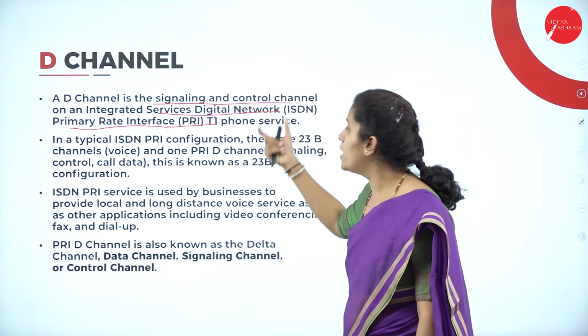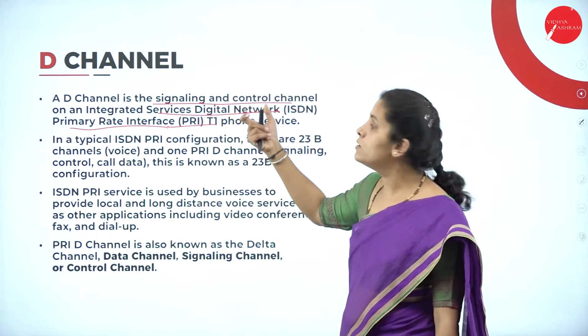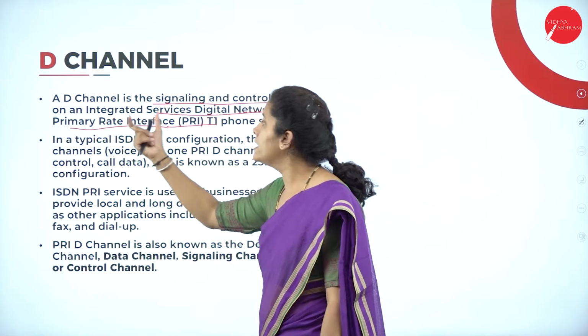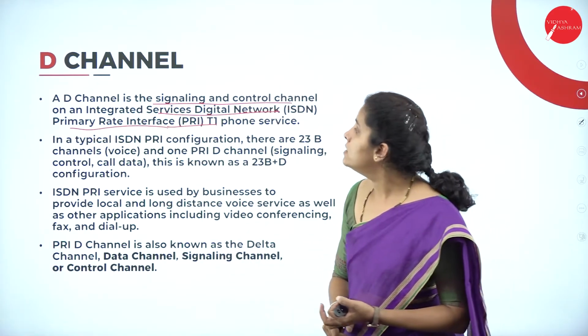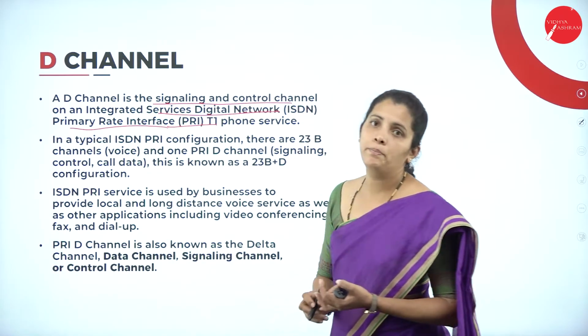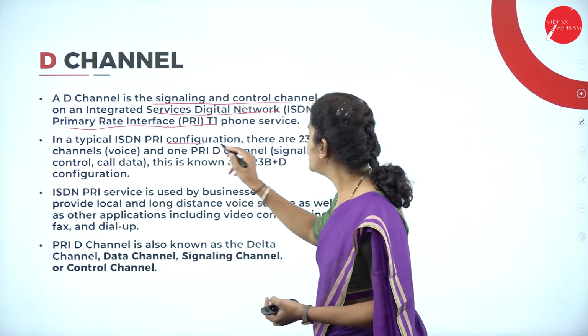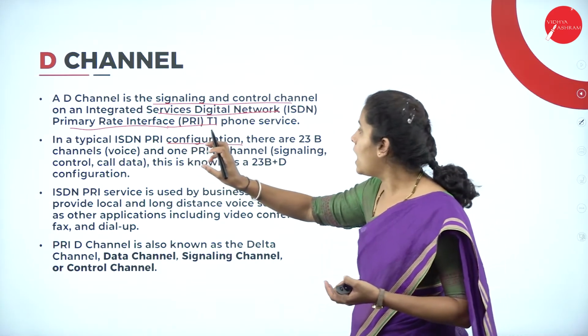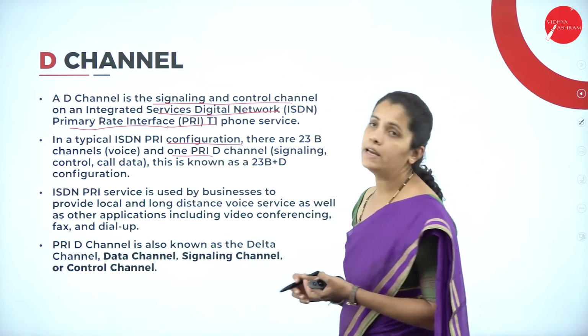In a typical ISDN PRI configuration, there are 23 B channels and 1 D channel.